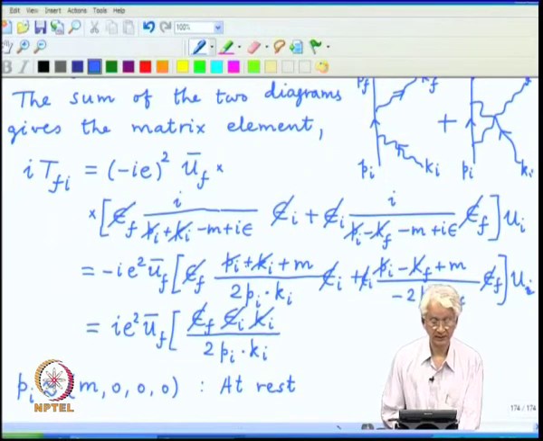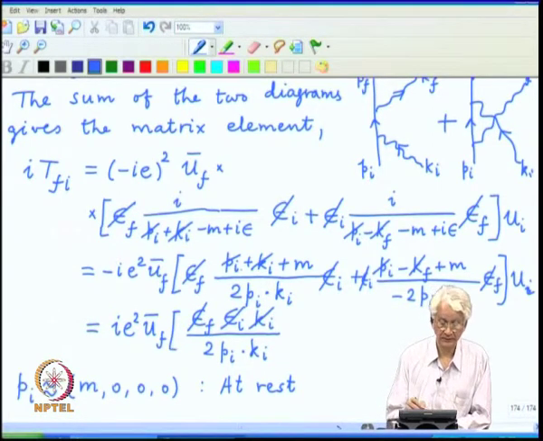So, again p dotted with epsilon gives 0, and so we have only the negative term remaining.